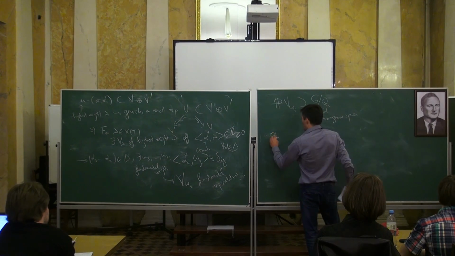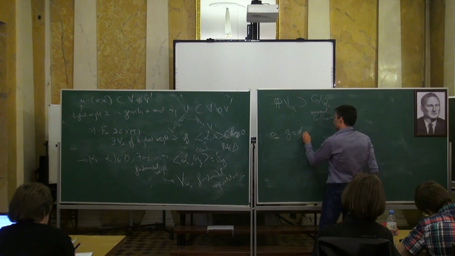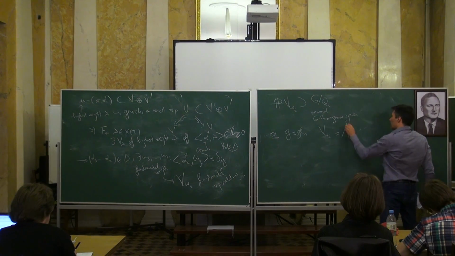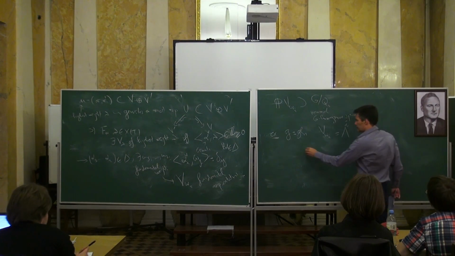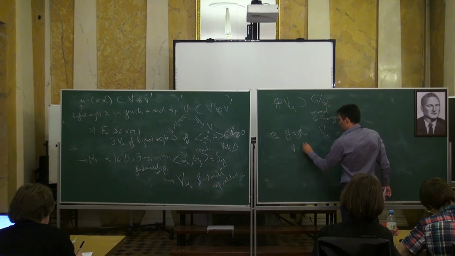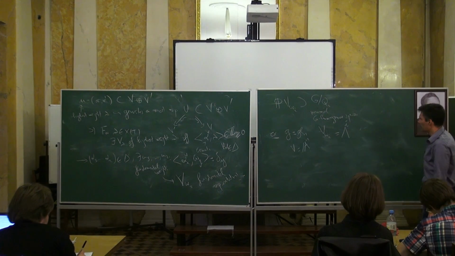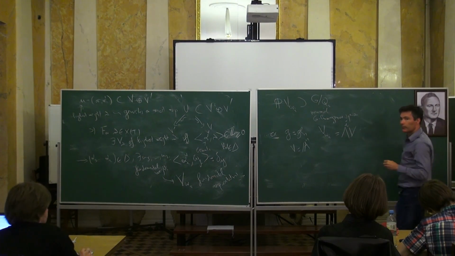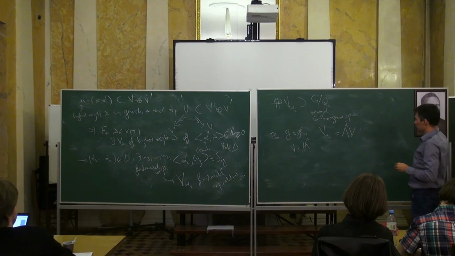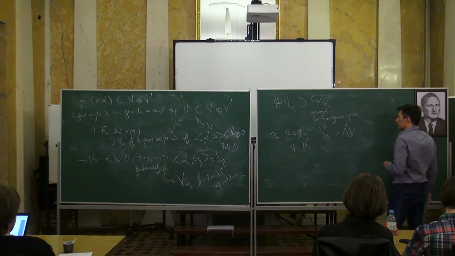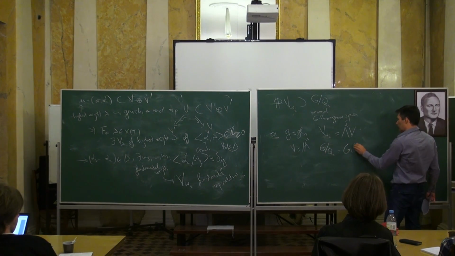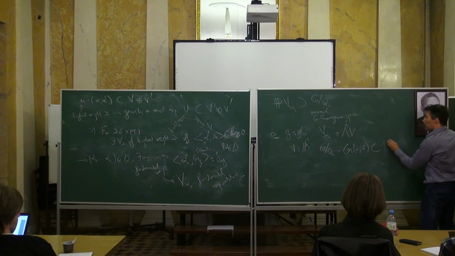Of course, the example is again for GLN. Well, the fundamental representations are, so there is the natural action on the n-dimensional space, and the fundamental representations are the wedge powers of those. And so G mod Qi is the Grassmannian of i-dimensional subspaces of V, and it's embedded in the representation by the Plucker embedding.